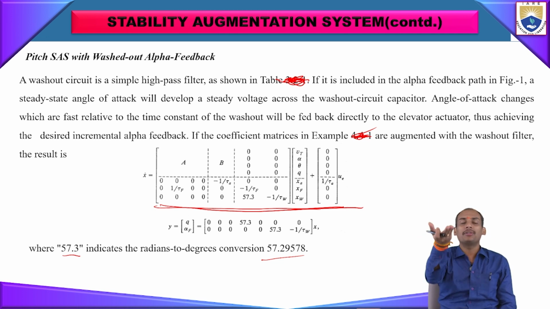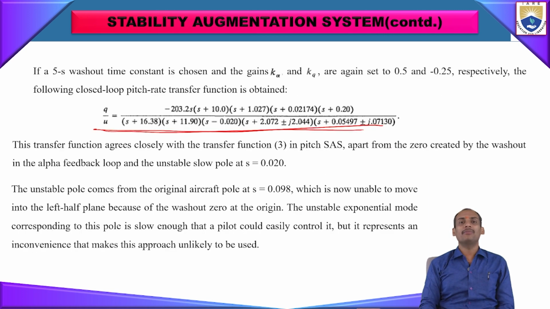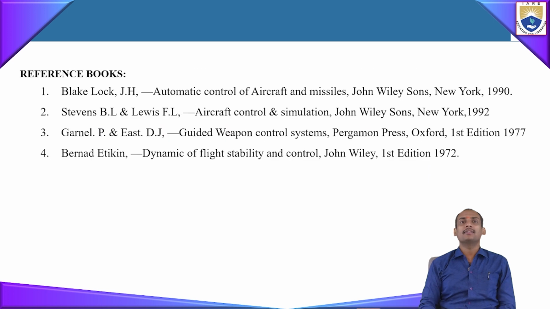For that explanation, how the control surfaces can be controlled electronically by using these feedback functions, transfer functions and integrator functions, we have given this. So this is all about the significance of the stability augmentation system.